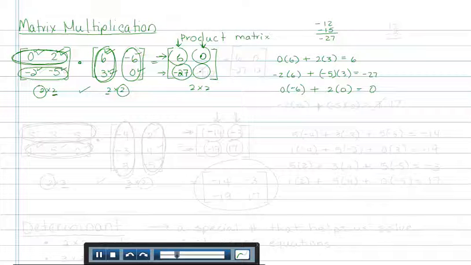Now to get the last number, it's going to be the second row and the second column. So you'll be working with the second row and the second column. To calculate the value, you just work with the numbers. So it'll be -2 times -6 plus -5 times 0.